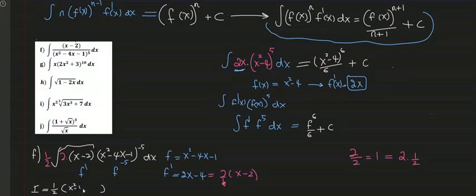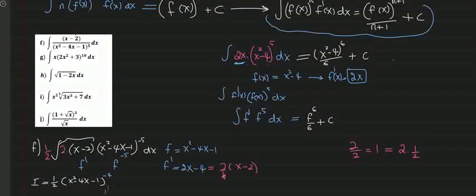So x power 2 minus 4x minus 1 will drop. And the new power is what? Negative 5 plus 1 is negative 4. And don't forget to divide by negative 4. And then plus c. That's it. This is the integration.